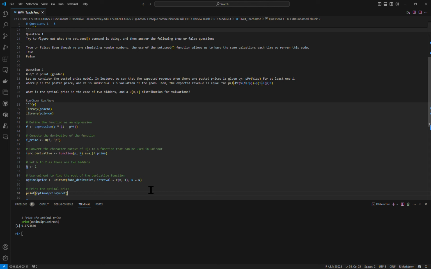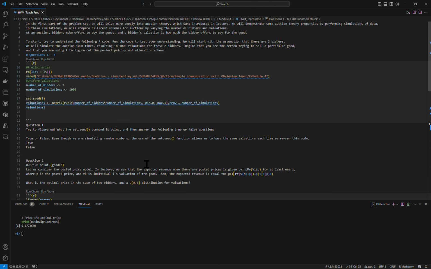Now let's summarize what we did today. We talked about auction theory, and we looked at a piece of code that simulates 1,000 times when there are two bidders, and bidders can only bid between 0 and 1, giving a random uniform distribution and a matrix, as we saw earlier.